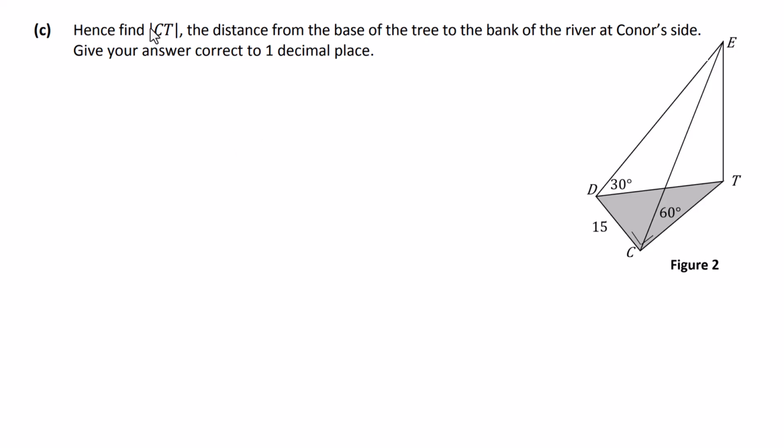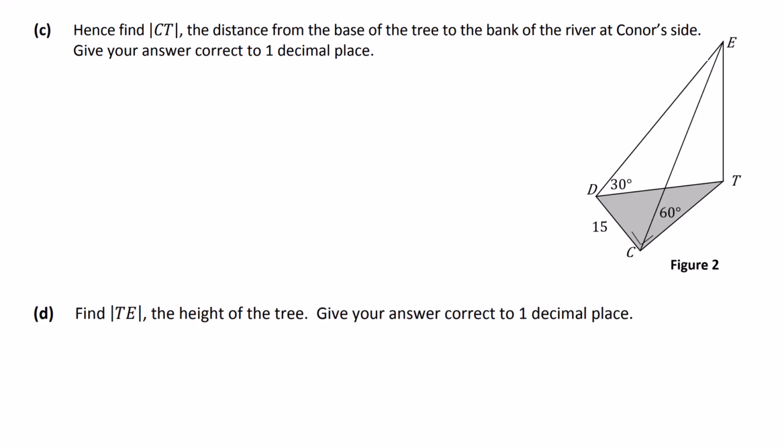In part C, we're asked to find the length CT from the base of the tree to the bank of the river at Connor's side, and we have to give this answer to 1 decimal place. In part D, we're asked to find TE, the height of the tree, and again to give the answer correct to 1 decimal place.